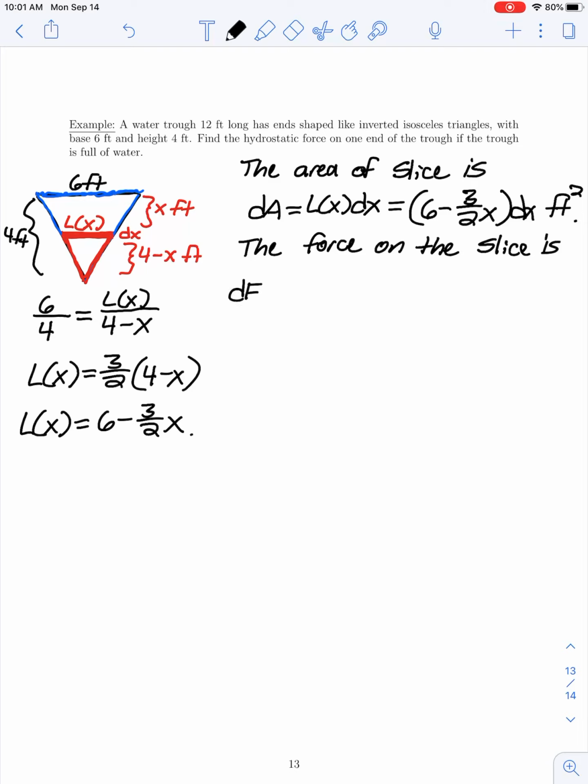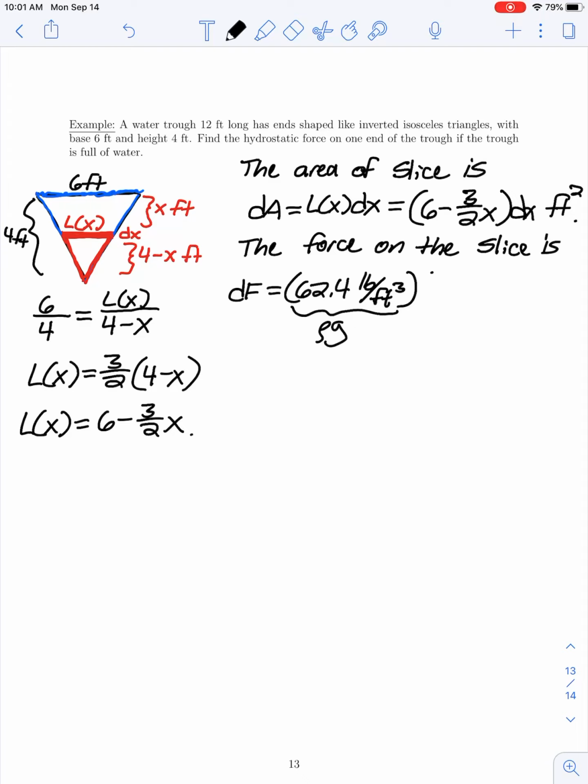is what I'll denote as a differential of the total force against one end. And it's found by taking the weight density of water. So here, if we're measuring everything in feet, we would use a weight density of 62.4 pounds per cubic foot for water, which is our rho times g weight density.